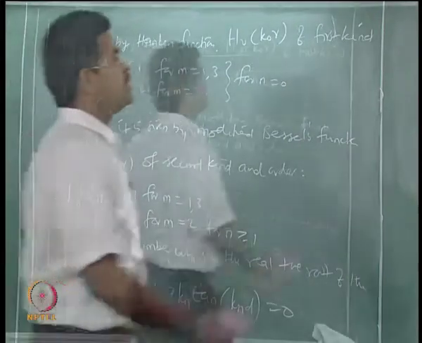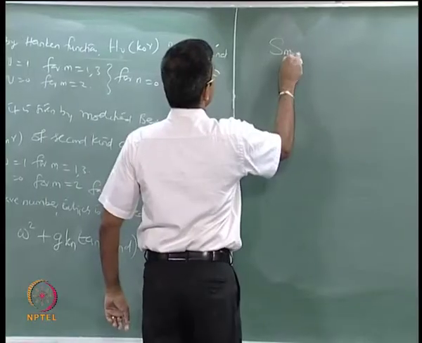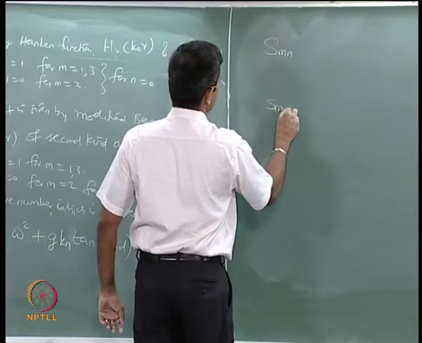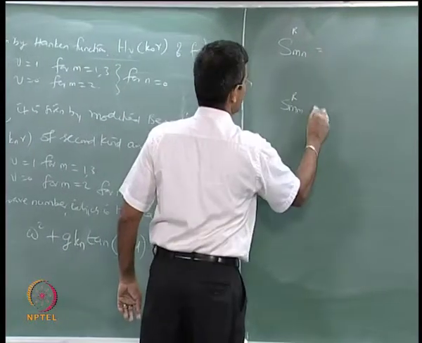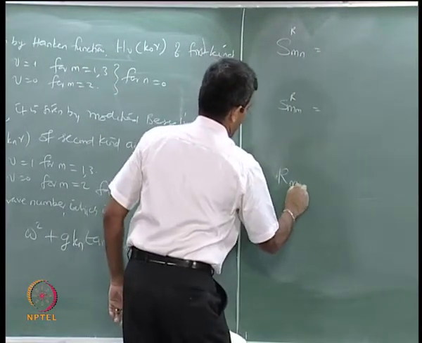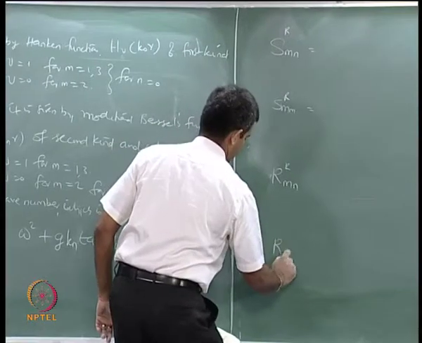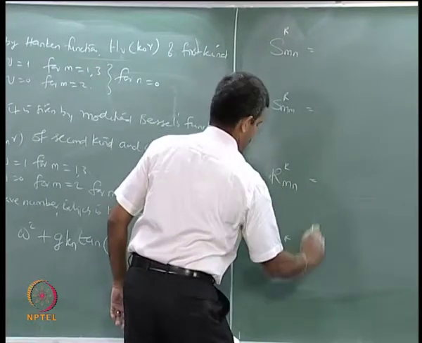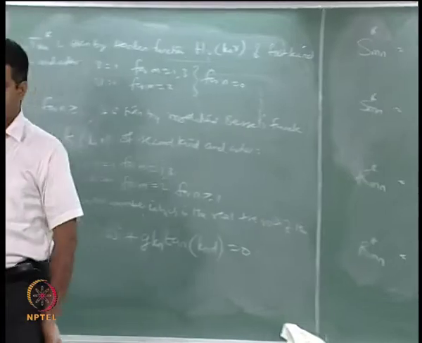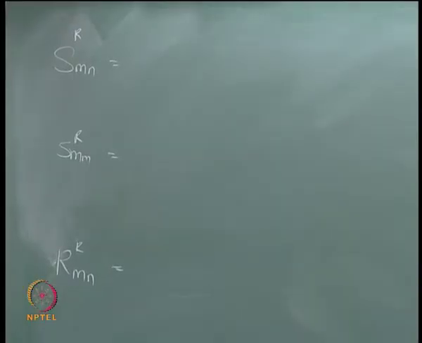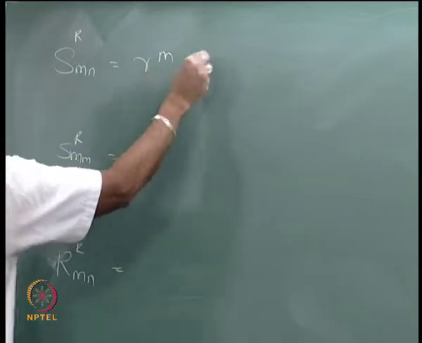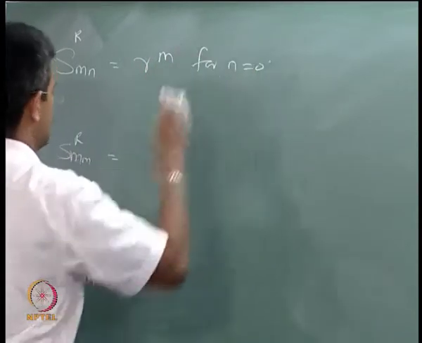Let us say the arguments Smn R and Rmn is simply for n equals 0.